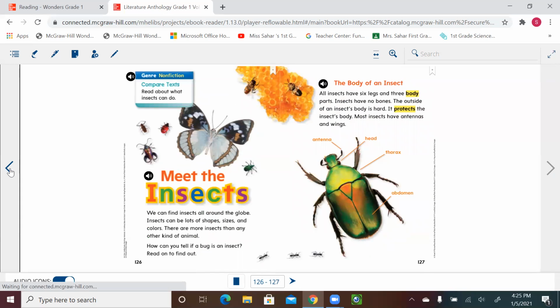So if we go back to our essential question for this week: What insects do you know about? How are they different and how are they alike? We can answer that question when we see all this information about the insects that we covered for this unit and this lesson.